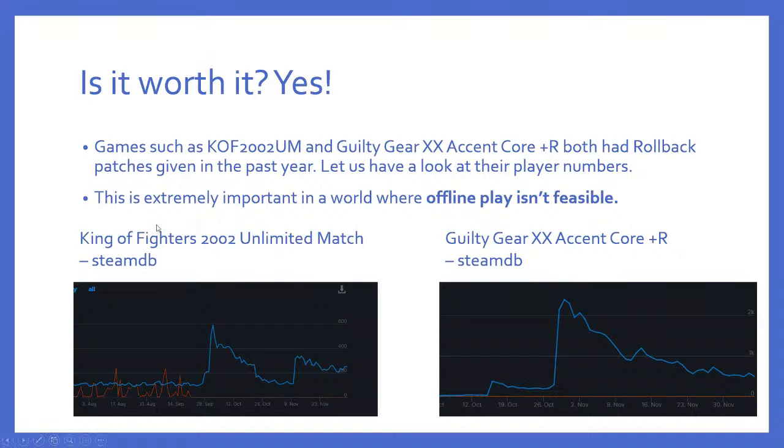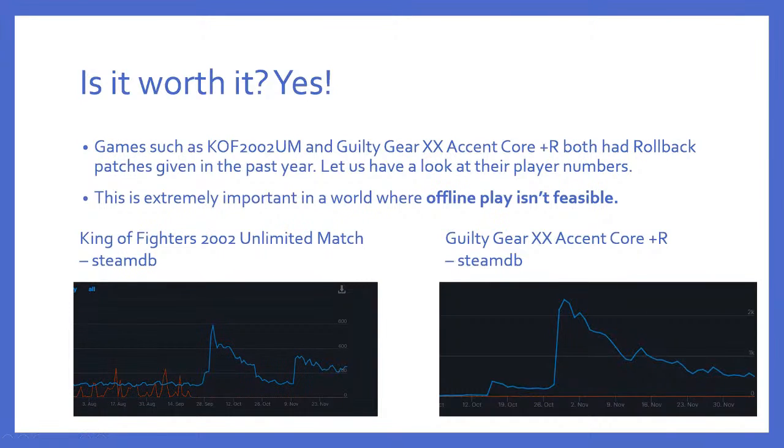These very old games, such as King of Fighters 2002 Unlimited Match and Guilty Gear XX Accent Core Plus R, had a huge resurgence. Look at those player numbers. They were averaging around 200 players and shot up to 2,000. So those games increased tenfold in player numbers. Sure, they stabilized a bit higher than they were, but for some games, this is enough to breathe new air into them.